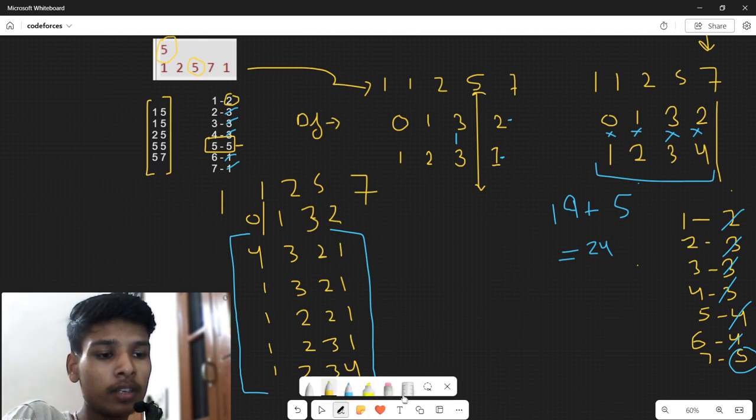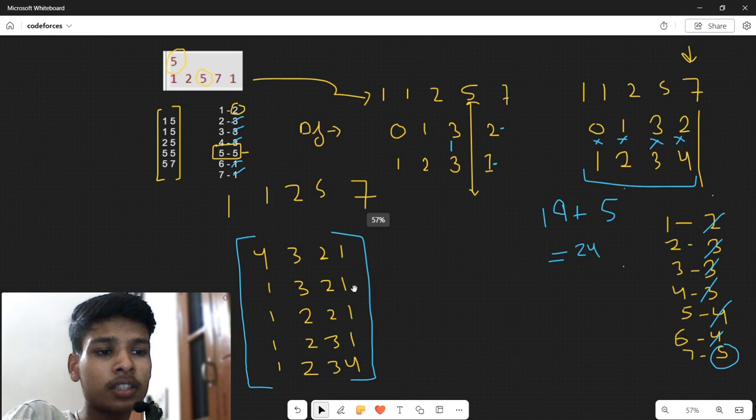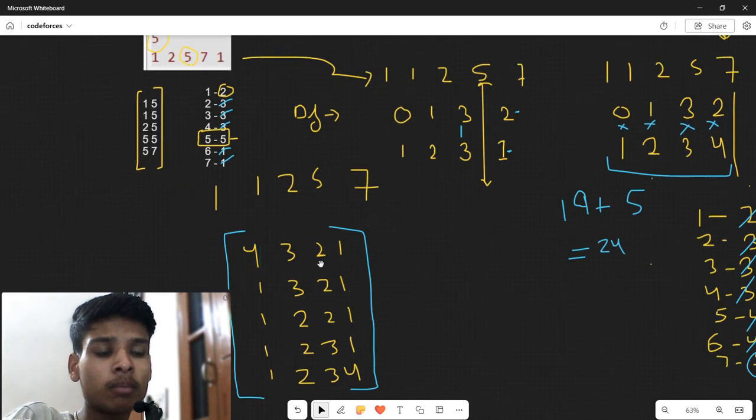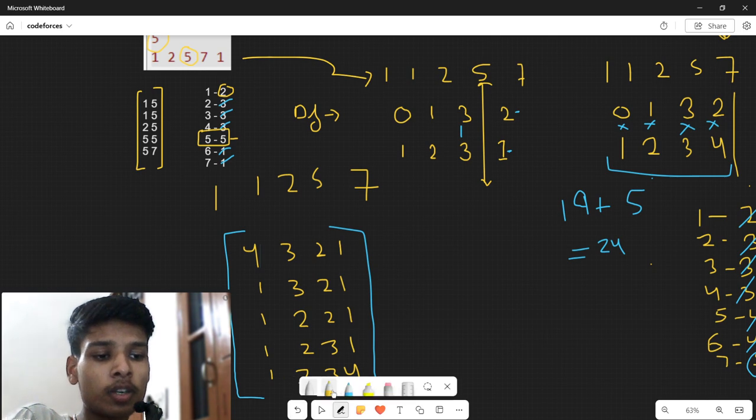For example, if I show you another example, here you can see all the numbers which I have written. If my corresponding number is at this position, I will choose my difference array and multiply it by this number. My difference array was 0, 1, 3, 2.